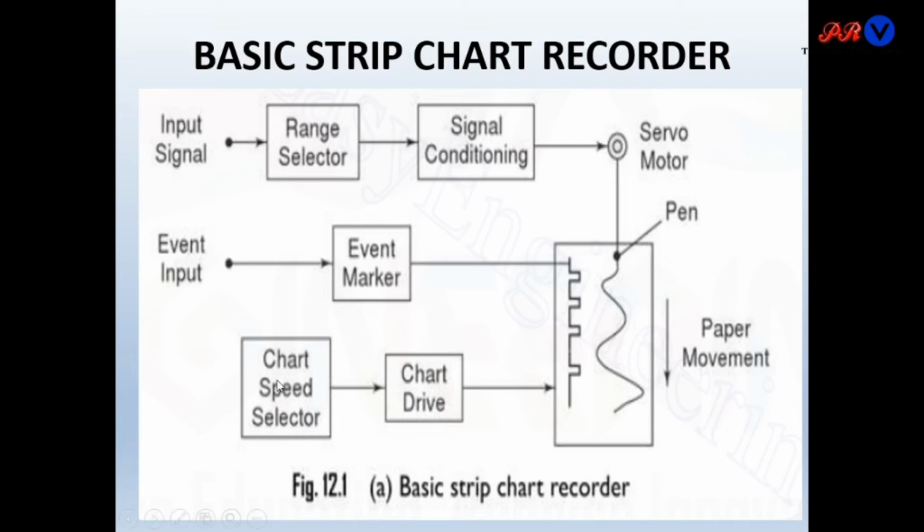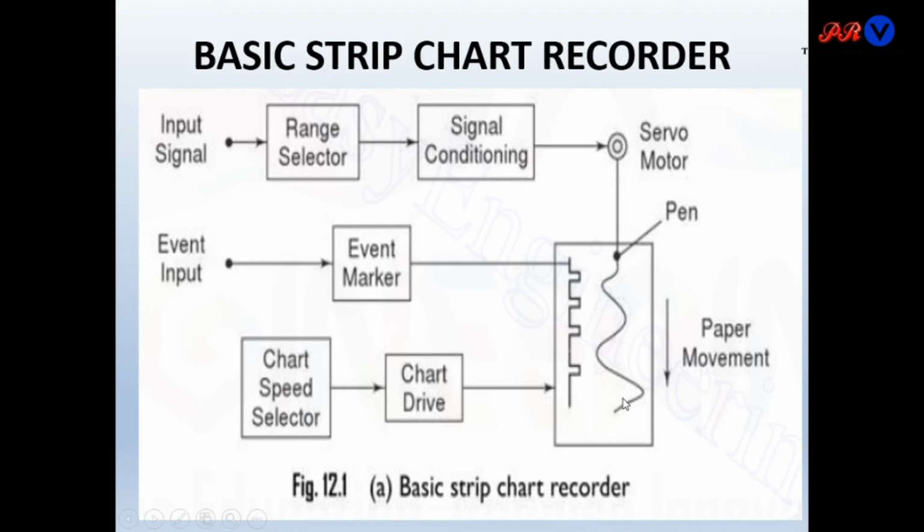The chart speed selector moves this chart in a downward direction. Speed selector means how much speed the paper moves downward at, and the chart drive is used to drive this chart.